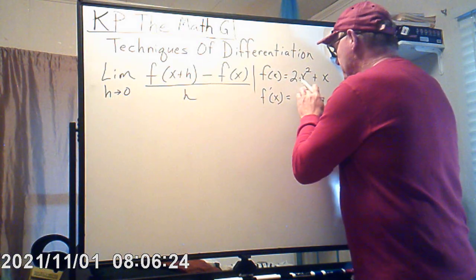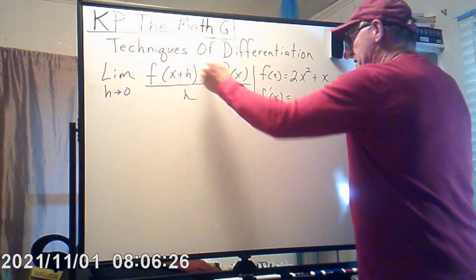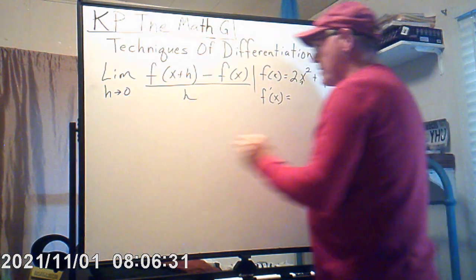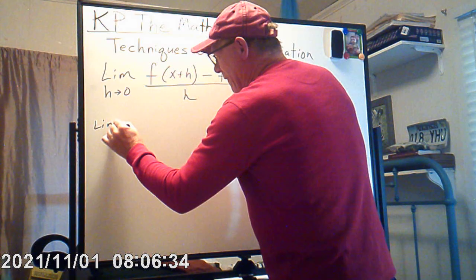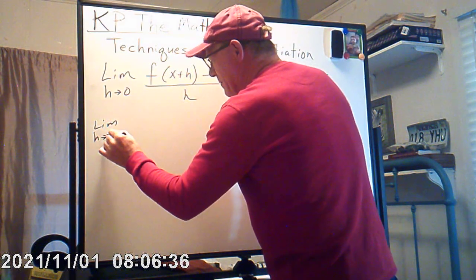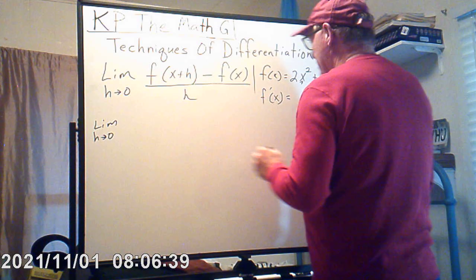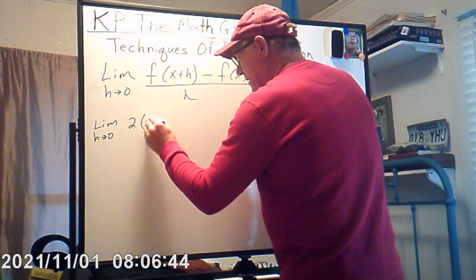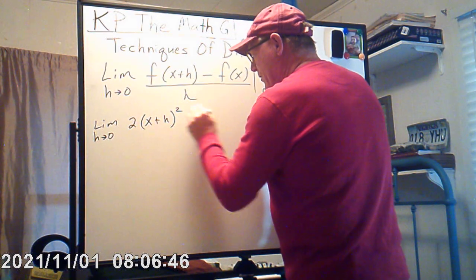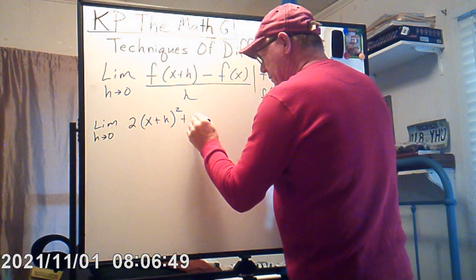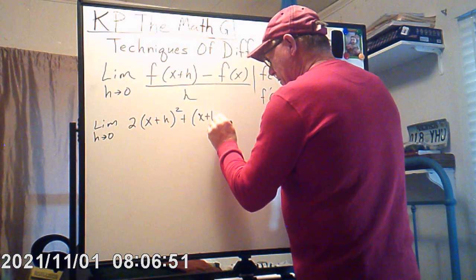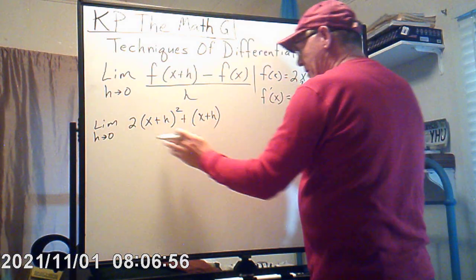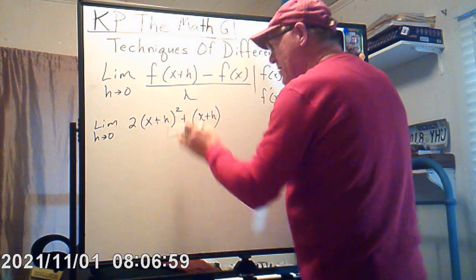Remember, every time, x plus h goes right here and right here. So the limit as h approaches 0 of 2 times x plus h squared plus x plus h. There it is again, because see, there's your x, then x squared and then plus x. There's the same thing.